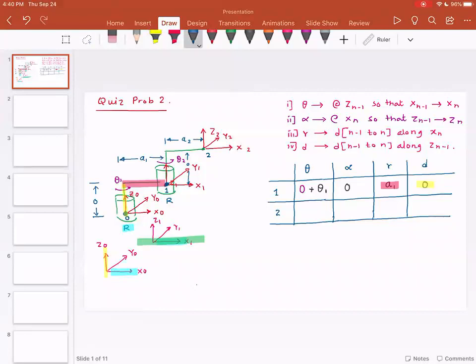X2 and X1 are already aligned, so this is going to be 0. But it's a revolute joint, which means you have to include the angle theta. So this will become theta 2.